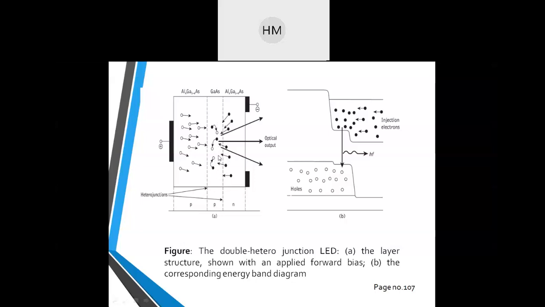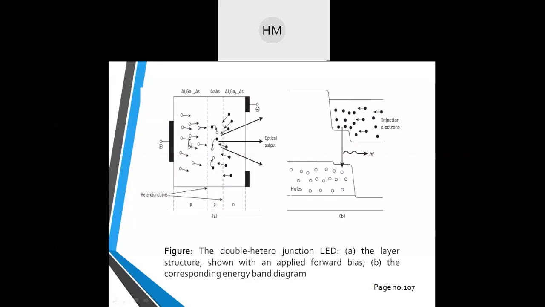So electroluminescence only occurs in the gallium arsenide junction, this center layer, providing both good internal quantum efficiency and high radiance. And light is emitted from this region only.